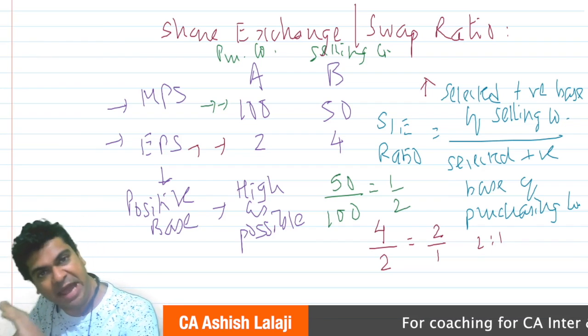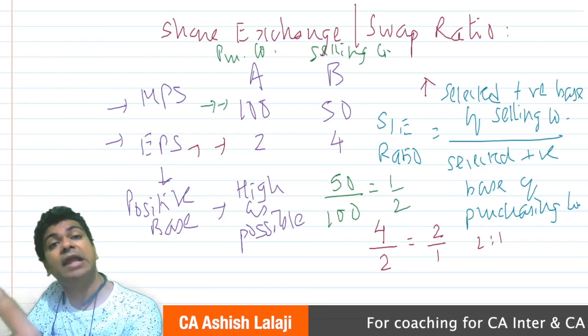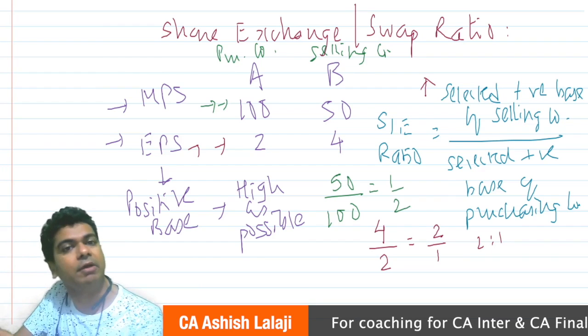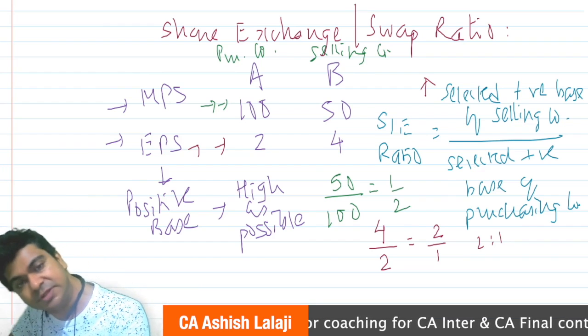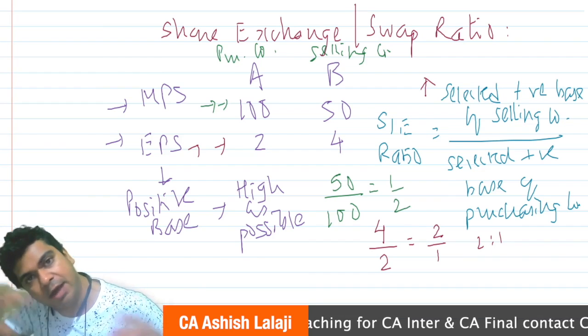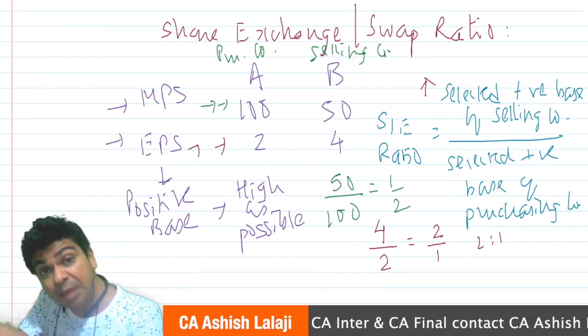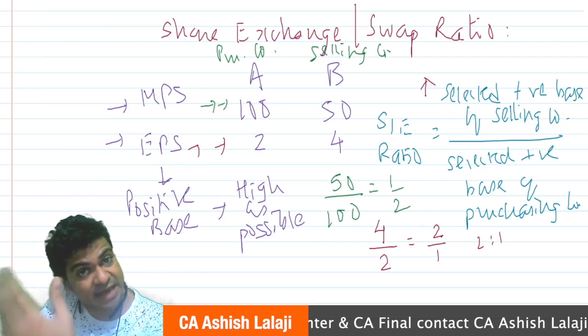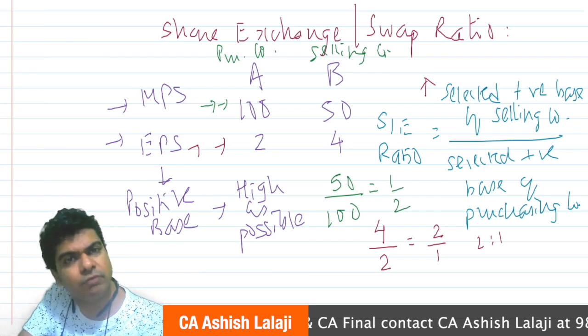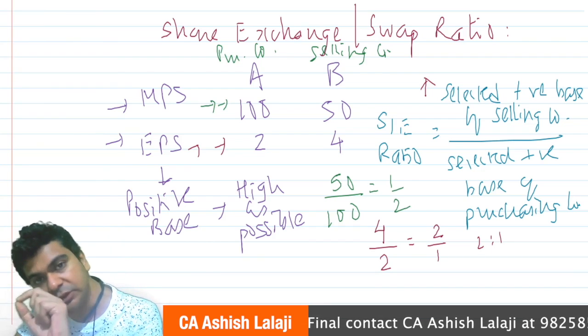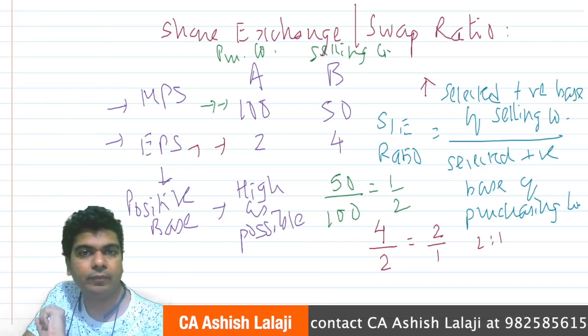I believe it's very logical. Your book value per share is higher, I will give you more number of shares. Very obvious. Your company is trading at a higher market price, naturally, I'm obliged to give you more number of shares. But if my company's share price is higher than yours, then why should I give you more number of shares? So that's how this will work.